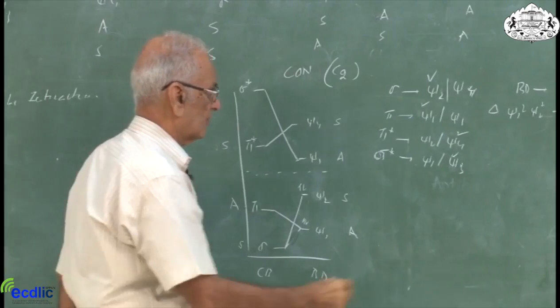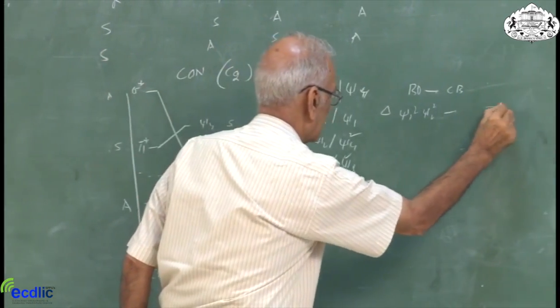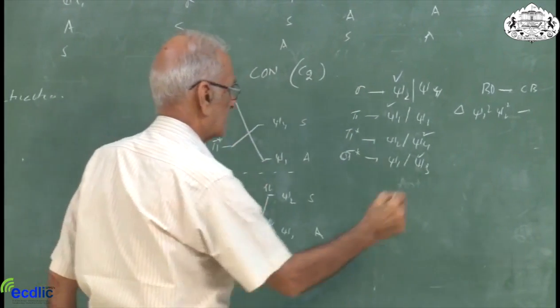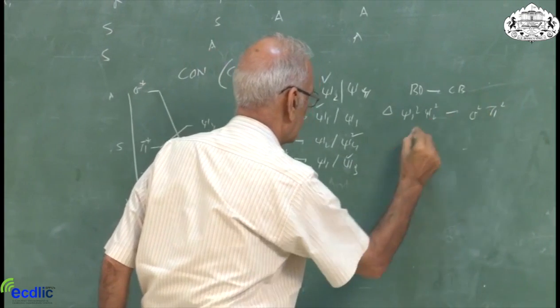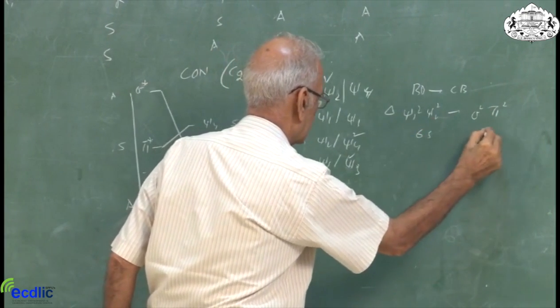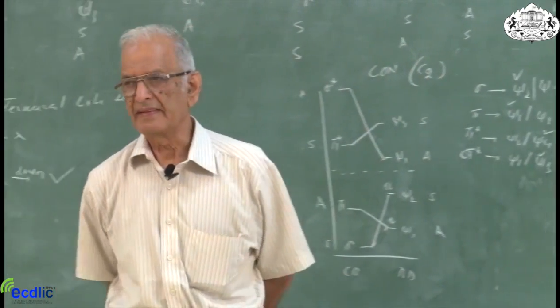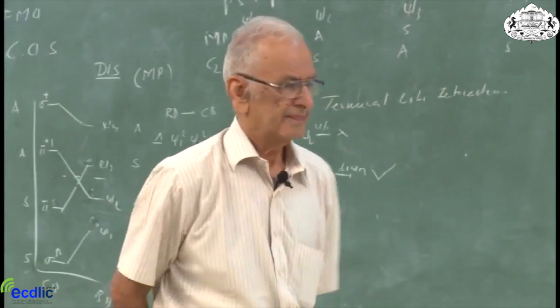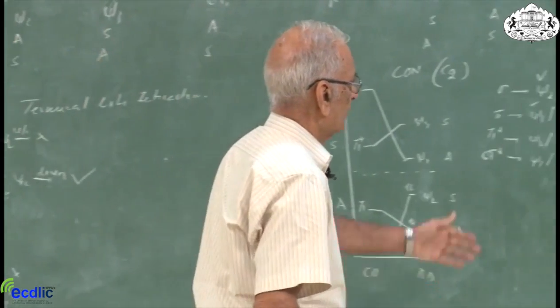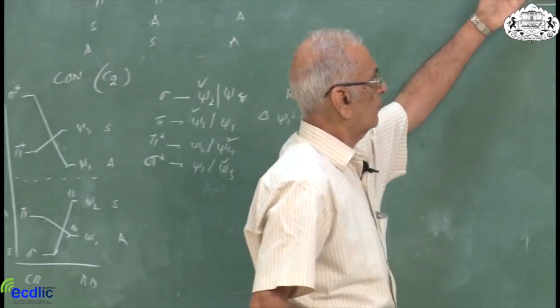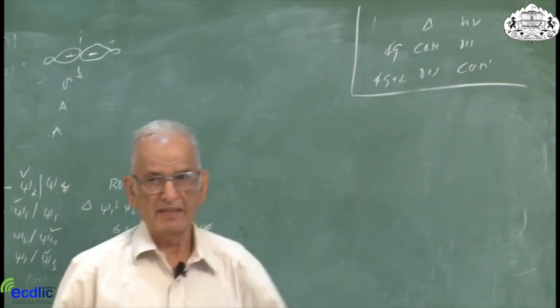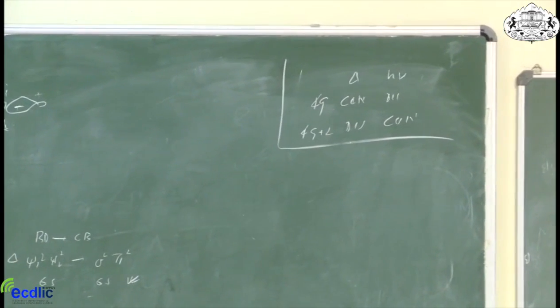Psi 1 electrons go into pi, psi 2 electrons go into sigma, ground state gives ground state, therefore, the reaction is allowed. That is what our rule tells us, that the 4q reaction, thermal reaction, is going to be conrotatory.